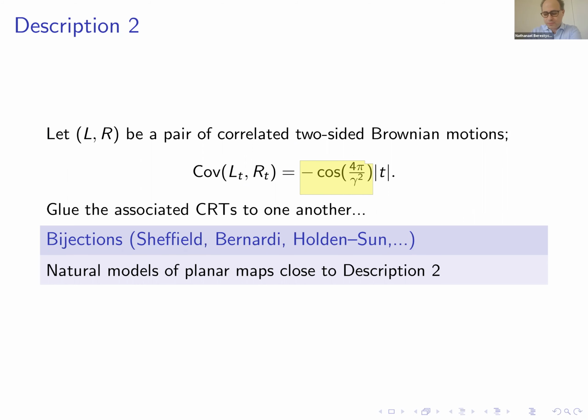And both L and R can be used to encode continuous random trees associated with their trajectories. I won't go into that because it would take me way too much time to describe. If you know what that is, great. Then the idea is to glue these trees together by identifying the points on the L tree at time t with the points on the R tree at time t.